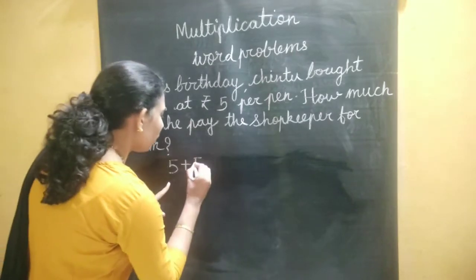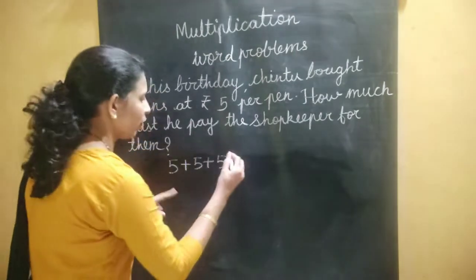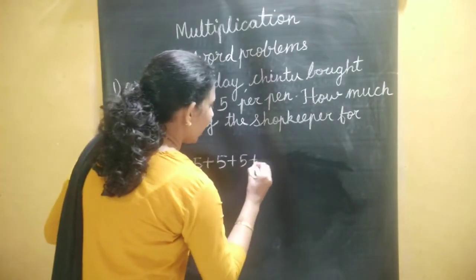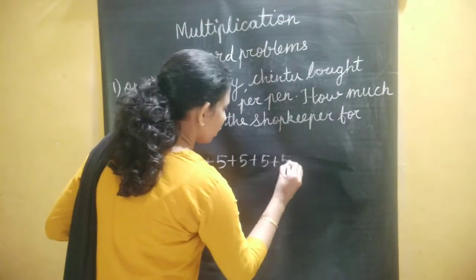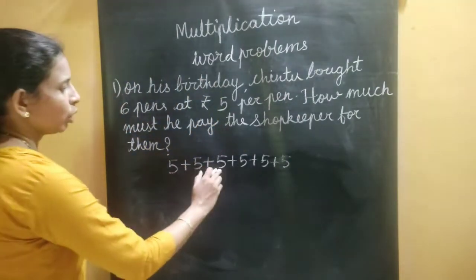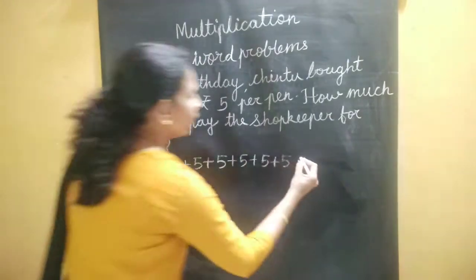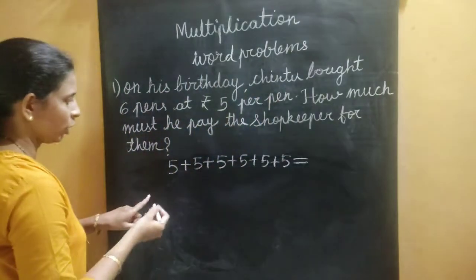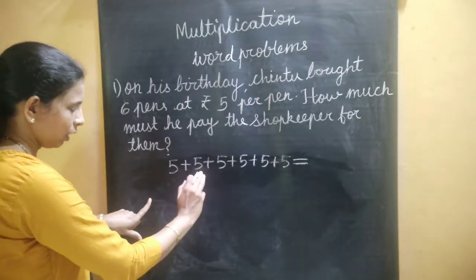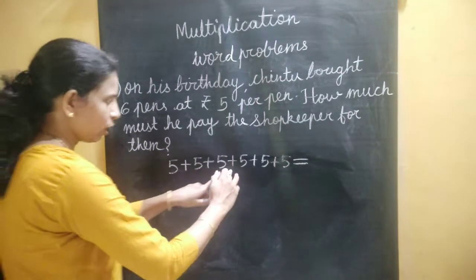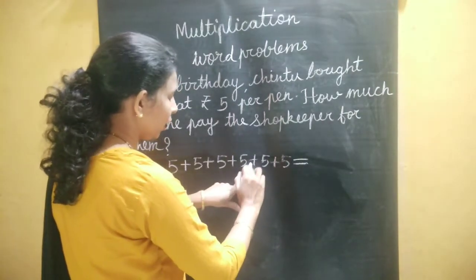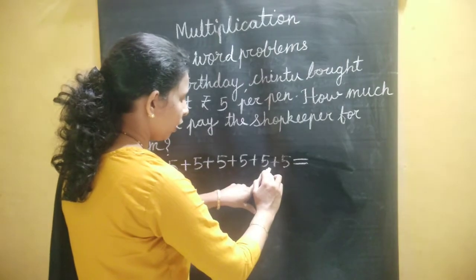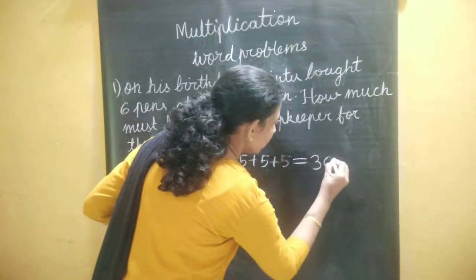Means 5 plus 5 plus 5. In this way we have to write 6 times. Correct? 1, 2, 3, 4, 5, 6. And then we have to do addition. 5 plus 5, 10. 10 plus 5, 15. Plus 5, 20. Plus 5, 25. Plus 5, 30.